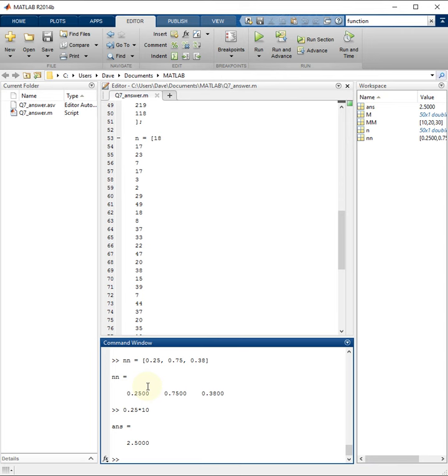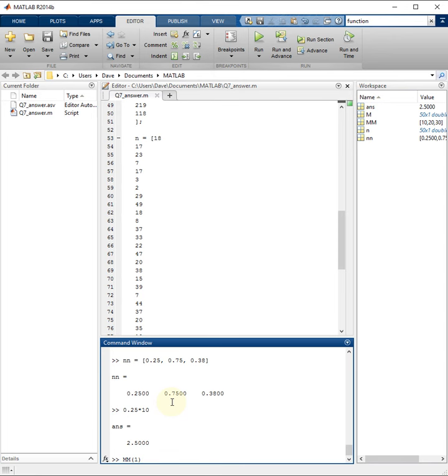Okay, but how do we write that in terms of the variables M and N? So I'm just doing this all in the command window to make it a bit easier to explain. But the point is I could write MM, and how do I access the first element inside this vector? Well, it's the first element, so I know I must use the round brackets, and it's number 1.